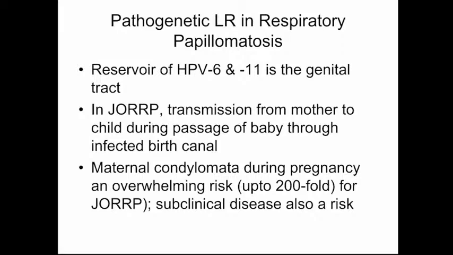And if it is present during pregnancy, then there is an overwhelming risk of up to 200-fold for juvenile onset RRP for the infant. And even if it is subclinical disease, the risk is still present.